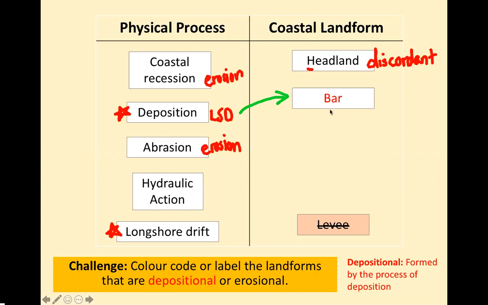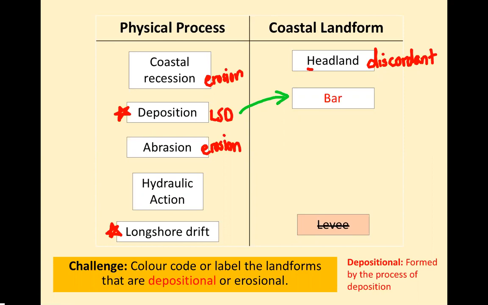And behind a bar, you get a lagoon. In the test, you'll see that there is an OS map, and you have to really pay attention to what the water is behind that sandy beach. That is the giveaway. A bar essentially blocks off that area of water from the sea, and that's called a lagoon.